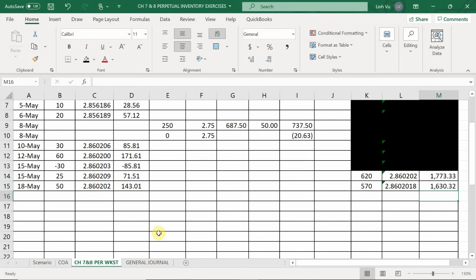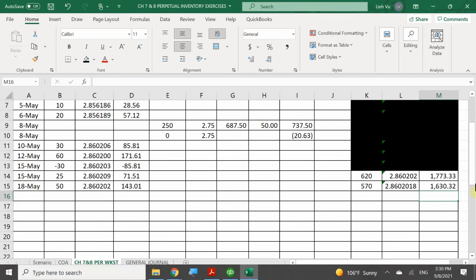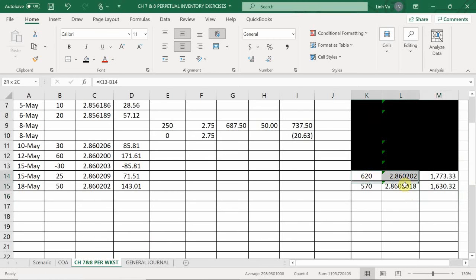And that should also keep my average cost per item around the same number, 2.8602. This time the number for selling 50 mugs was a total of 143.01.